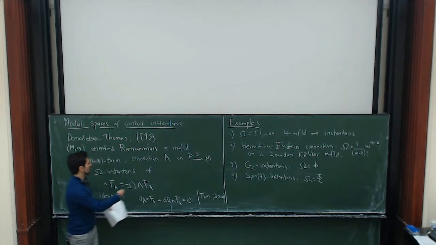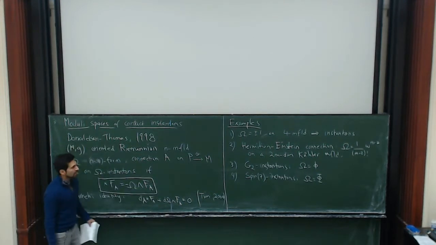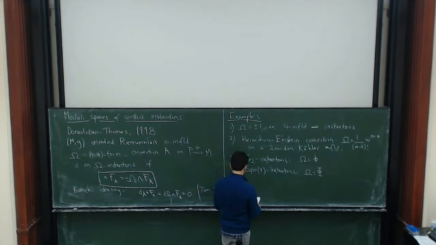So you see that this equation is really subsuming a lot of special cases, and this talk is about one more case. So 5 is the notion of a contact instanton. So I need to presumably give some definitions of what contact manifolds are before moving on.